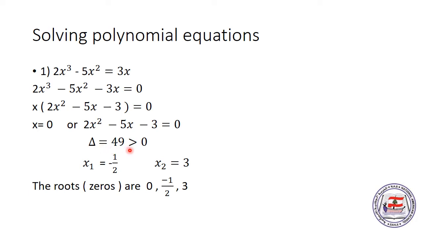So delta is 49, it's positive, so we have two real roots. x1 is equal to minus half and x2 is equal to 3. So the final solutions for the equation of degree 3 are 0, negative half, and 3.